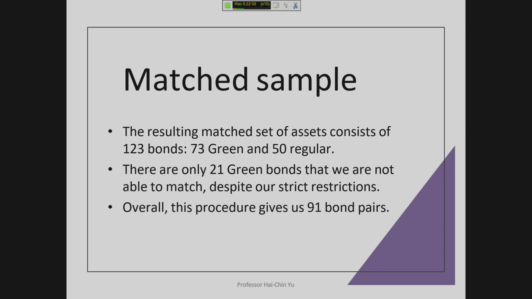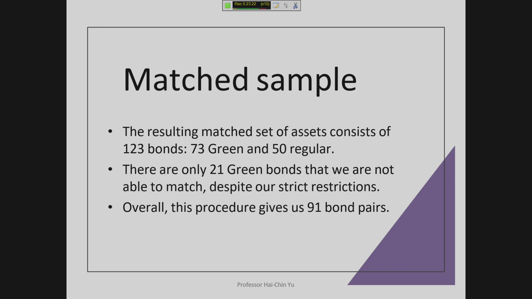They are the same size, same leverage, very similar characteristic, but one issues green bonds and the other at the same time issues regular bonds. So if there are any differences in between, they come from the green bonds itself, not from the characteristic of the firm, not from the other macroeconomic factors.